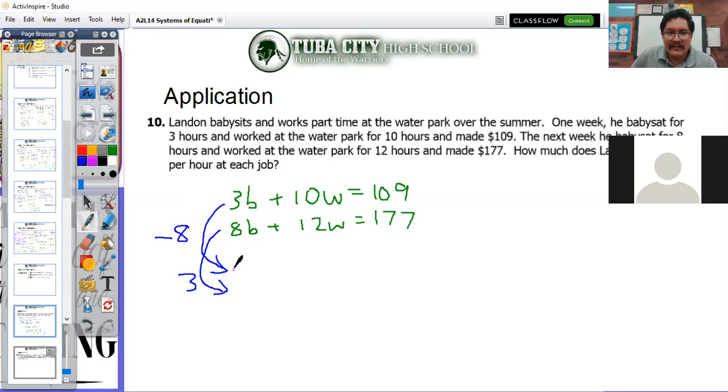So I'm going to do this one first. So -24b, plus, actually it'd be negative because I'm multiplying a negative, 80w. And I'm going to go ahead and do 109 times 8, and that'd be 872.